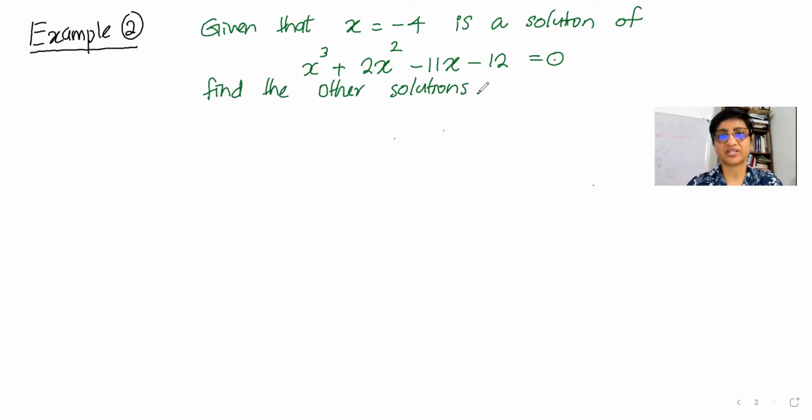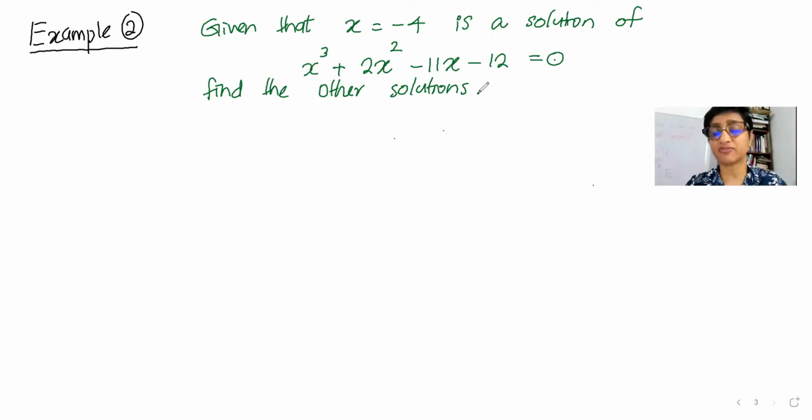Any polynomial of degree 2 and above, we solve by factorizing. Like how do you solve a quadratic? By factorizing. So a cubic means there should be 3 linear factors, a quartic means there should be 4 linear factors. If you can factorize your polynomial by equating each factor to 0, you can find your solutions. Now here one solution is given, so you know one factor.